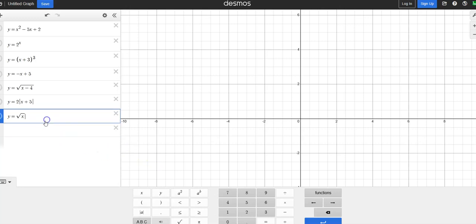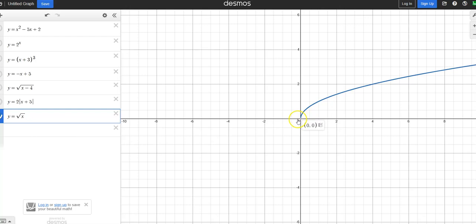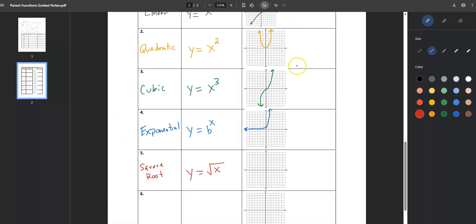There we go. It's going to start at this point 0, 0, and then it's going to go one direction. Okay, I call this the story of my life function because it starts here and it goes one direction. So again, this is going to be at 0, 0, and then it's going to continue that way forever and ever.